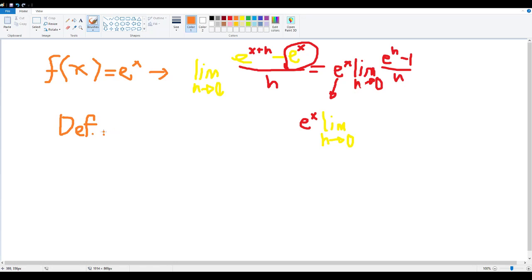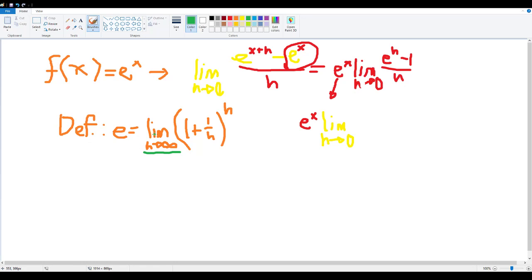Right? e is equal to the limit as h tends to not 0, but infinity of 1 plus 1 divided by h to the h power.